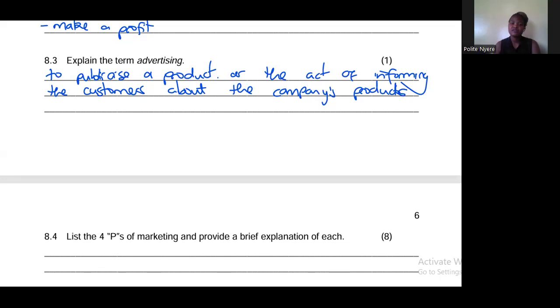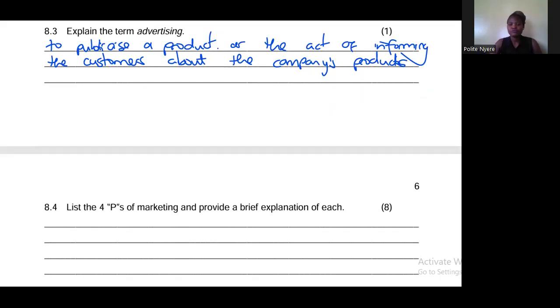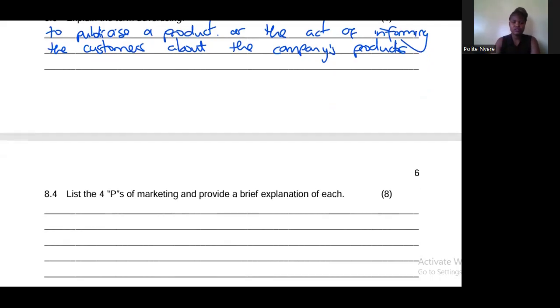So that is advertising. You're trying to inform your customers about your product and maybe their prices or anything that has to do with your product.